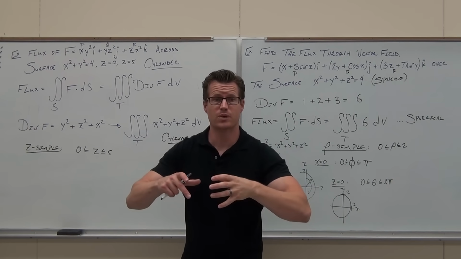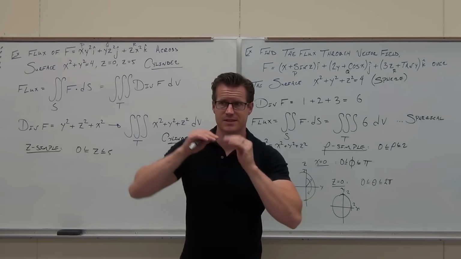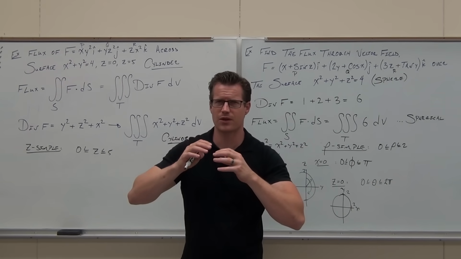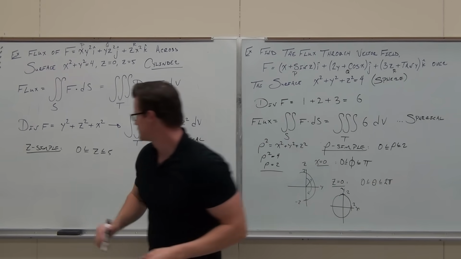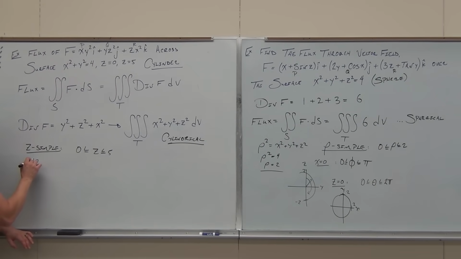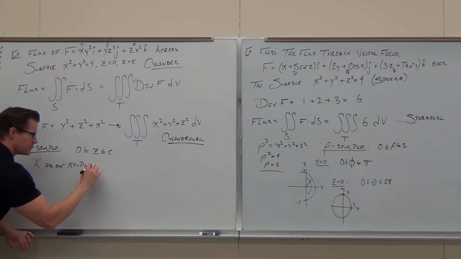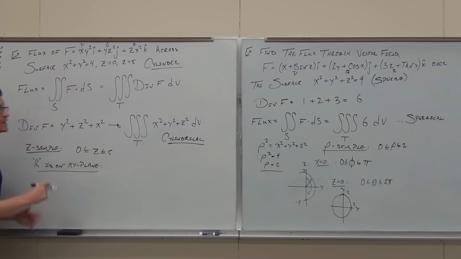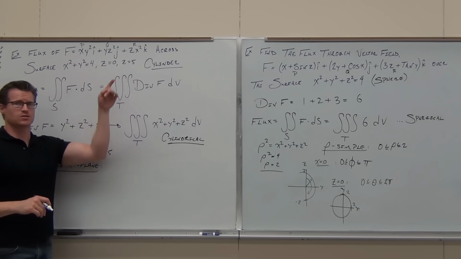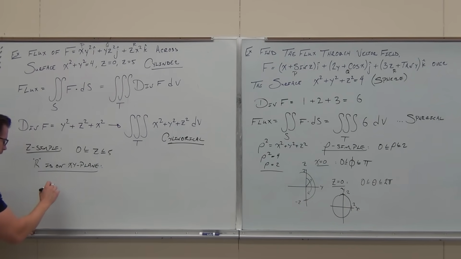Okay, so we look at our region. If we're doing cylindrical, and we did Z simple first, our region is on the what plane? Okay. So that means that I'm going to write out the same way every time to keep consistency. R is on the XY plane. So let's graph that. Look for everything that has X's and Y's and put it on that plane. In our case, it comes pretty nice.